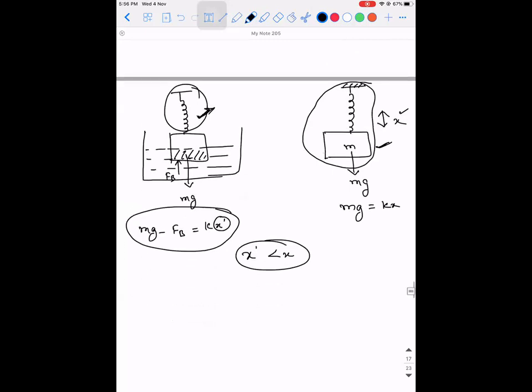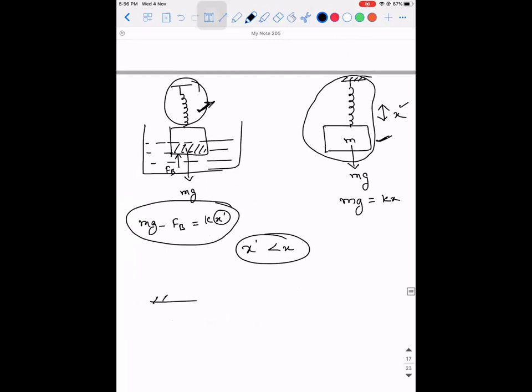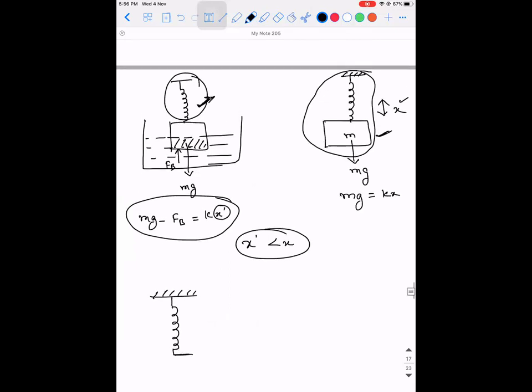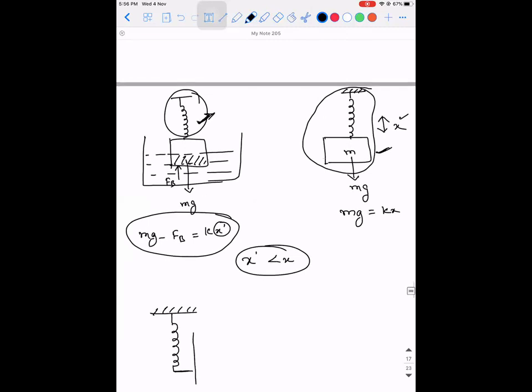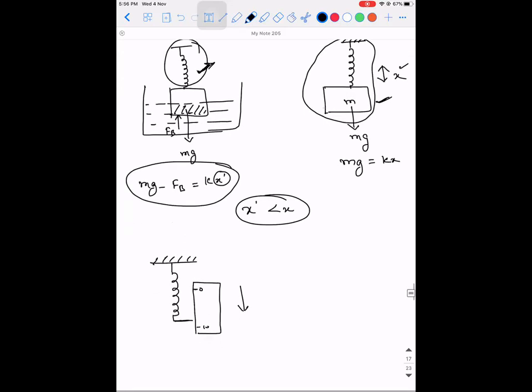Okay. Now listen, guys. How a spring balance works is, if I have a pointer here, and the reading here is 0 and here it is 10, as you move down, the readings will increase. To put it in other terms, more is the extension in the spring, more will be the reading.